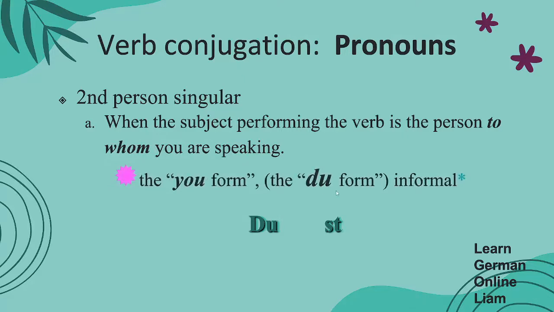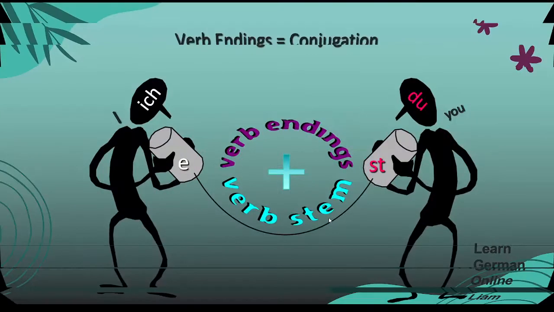The du form is an informal form, and the formal form is Sie. Then the ending will be different, it will be en. So here, du lernst Deutsch, you are learning German. The base form remains as it is and you have to add st to it.